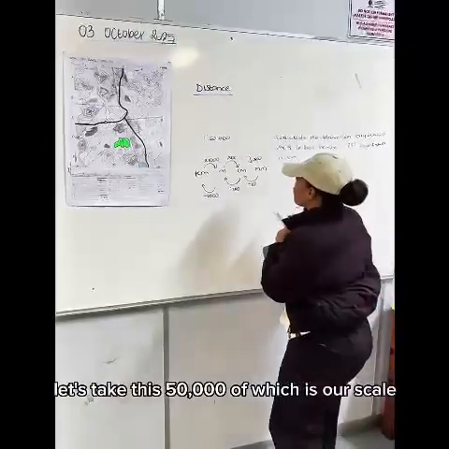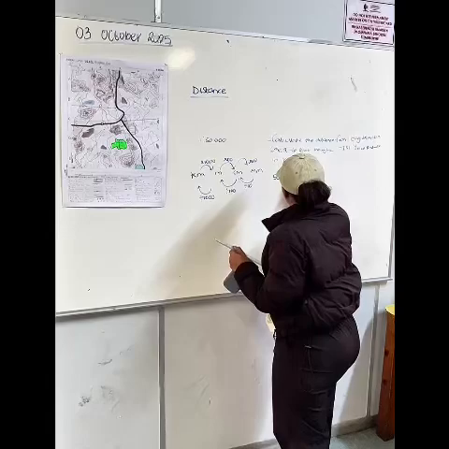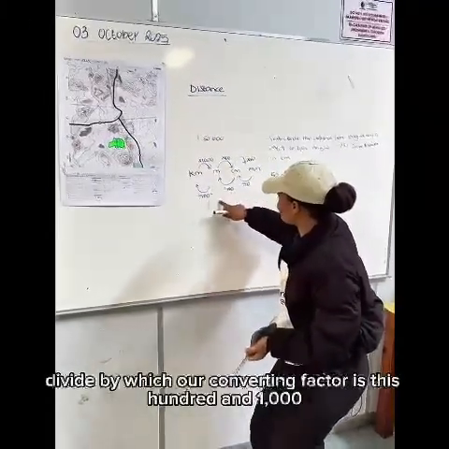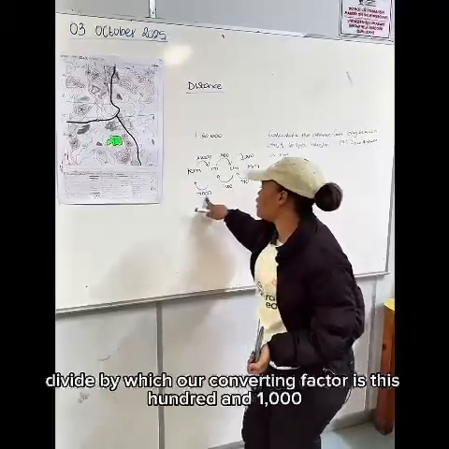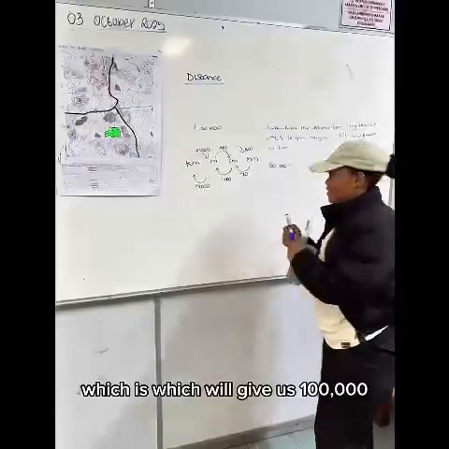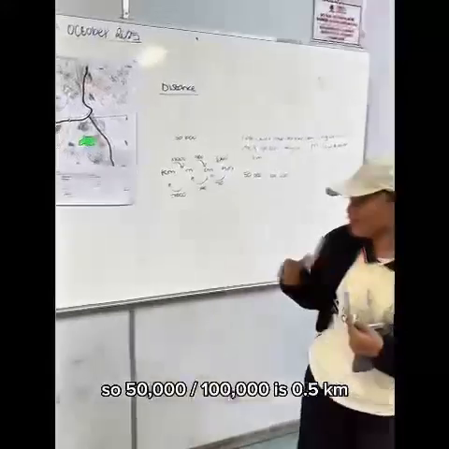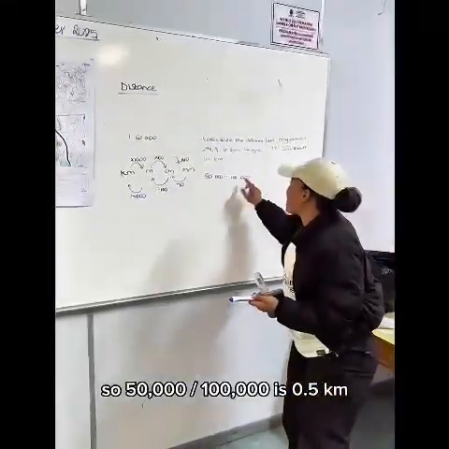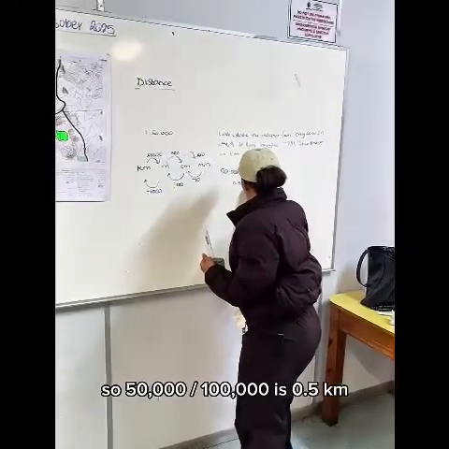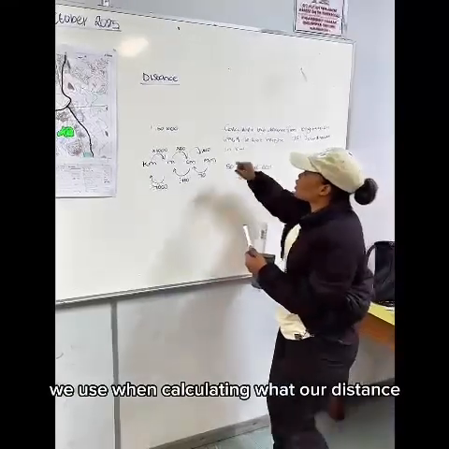So let's take this 50,000, which is our scale, divided by our converting factor, 100 and 1000, which gives us 100,000. So 50,000 divided by 100,000 is 0.5 kilometers. This is the converting factor we will use when calculating our distance.